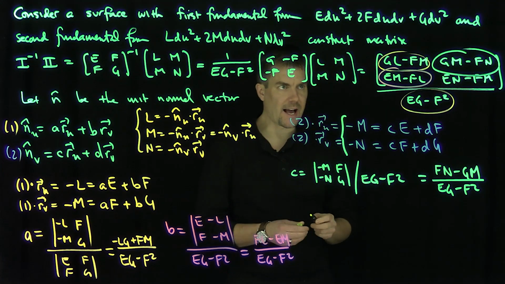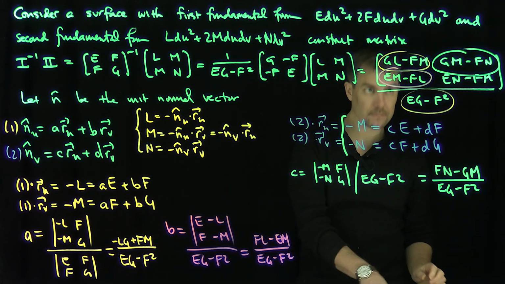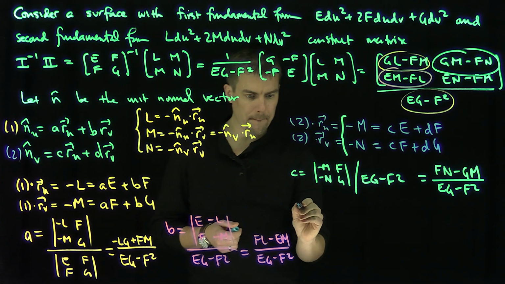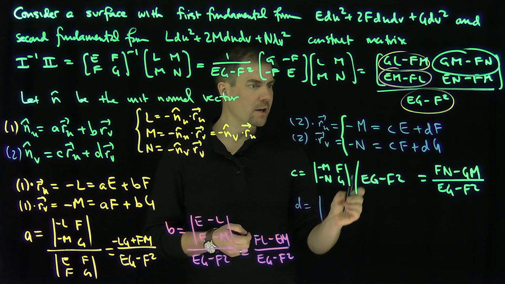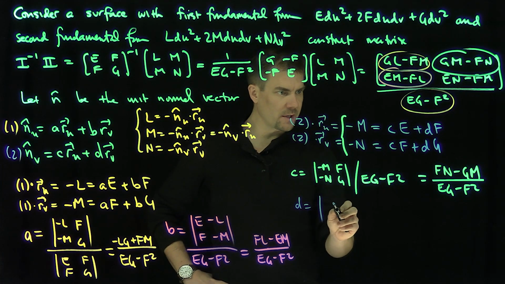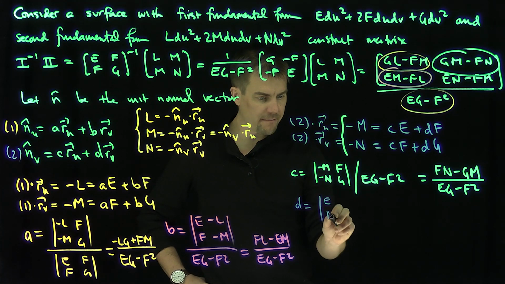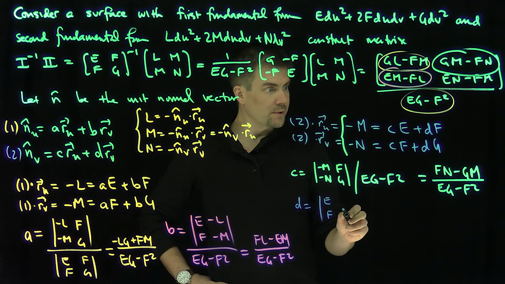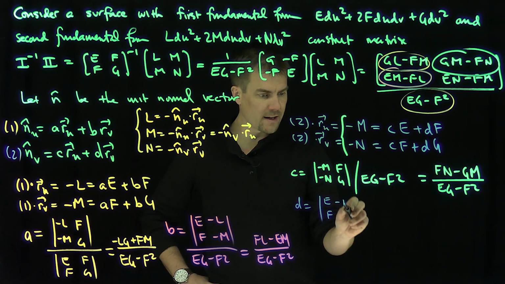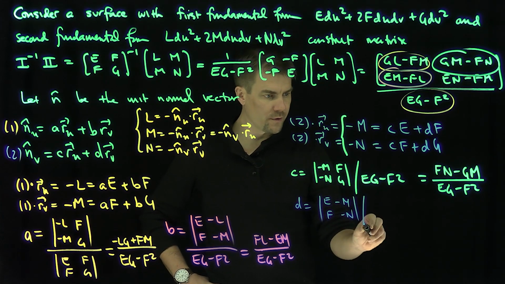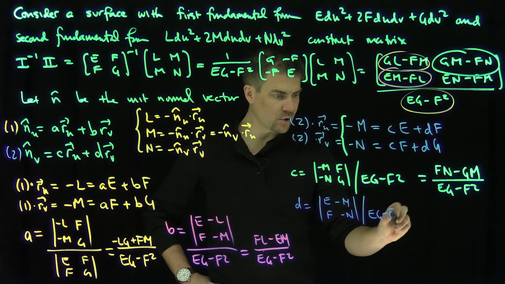And let's do D last. What will D be? D is going to be the determinant of, I leave these the same, so I have an E and then an F, and then those coefficients F and G turn into a negative M and a negative N, over the determinant of EG minus F squared.